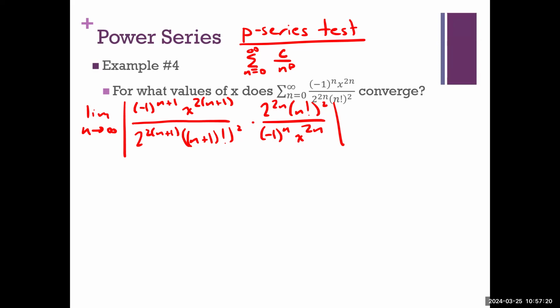Negative 1 to the n, you can cancel that out, and the x to the 2n, like the top left and bottom right. I don't think the x to the 2n go away. But one thing I will say is this, I think the alternating terms I can ignore completely. Is that fair? Yeah. Why is that fair for me to say that? The absolute value basically makes those alternating negative ones and ones become one.